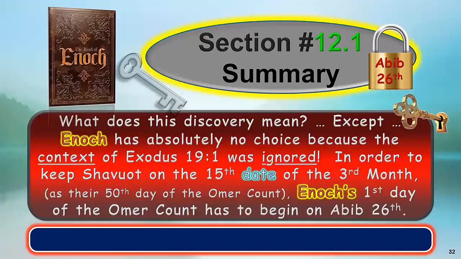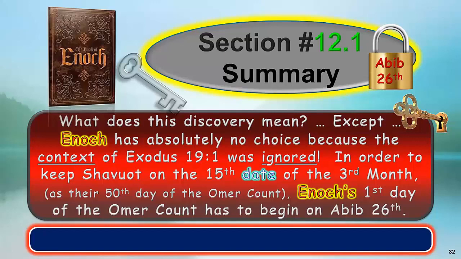Section 12.1, summary, Abib 26. What does this discovery mean? Enoch has absolutely no choice because the context of Exodus 19:1 was ignored.